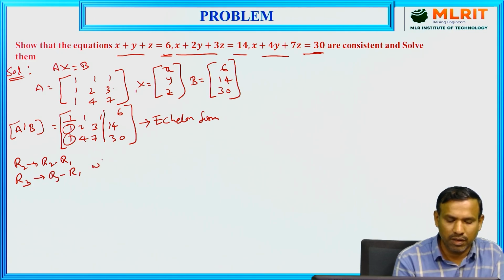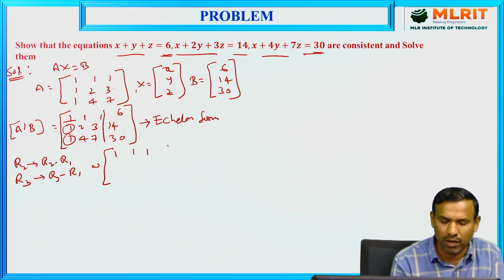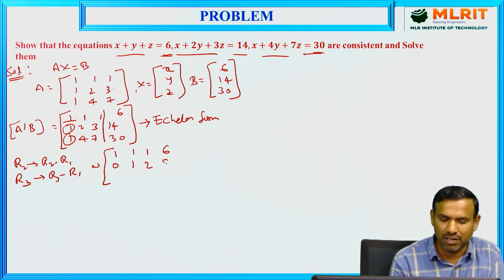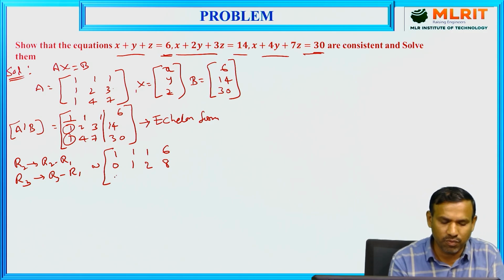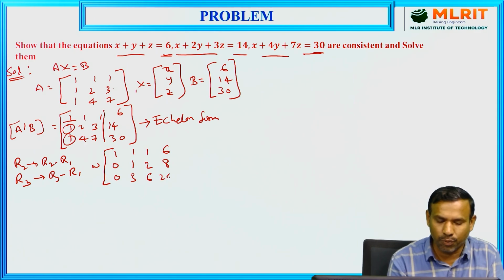First row no change: 1, 1, 1, 6. Second row, R2 minus R1: 0, 1, 2, 14 minus 6 is 8. R3 minus R1: 0, 3, 6, 30 minus 6 is 24.